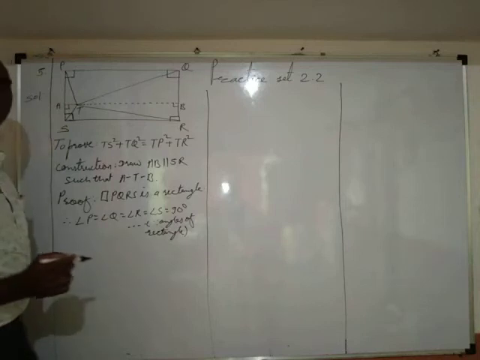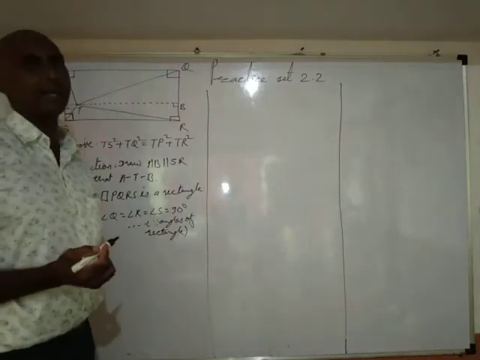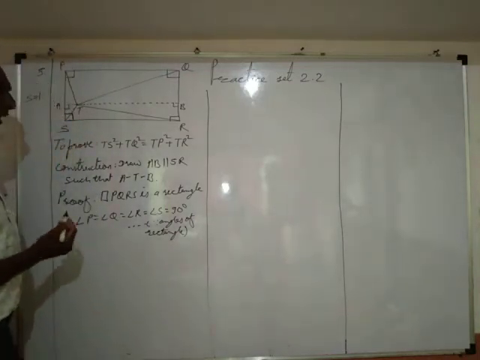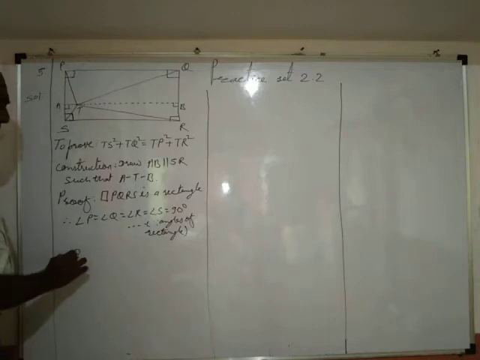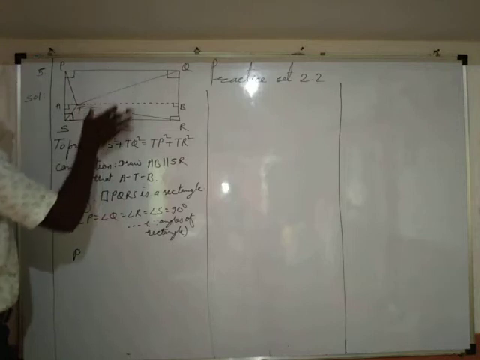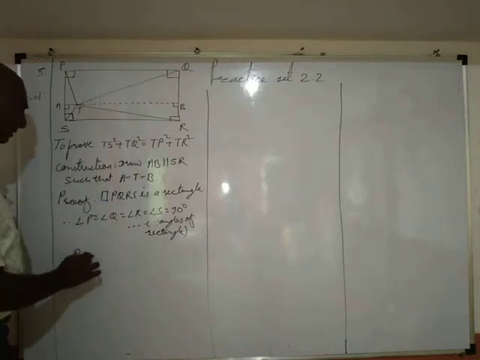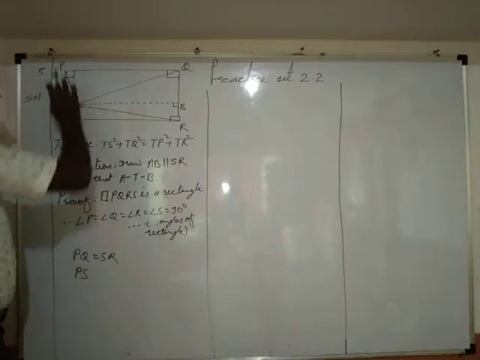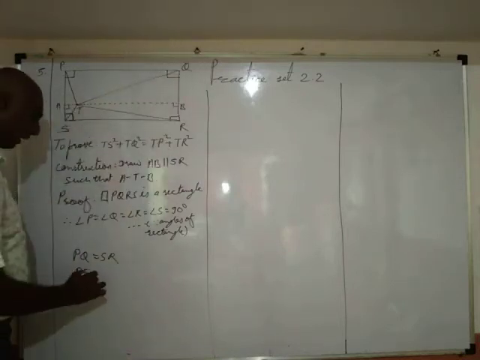We know that every angle of a rectangle is a right angle and that's why it is called a rectangle. Also we know that opposite sides of a rectangle are equal, therefore PQ equals SR and PS equals QR.